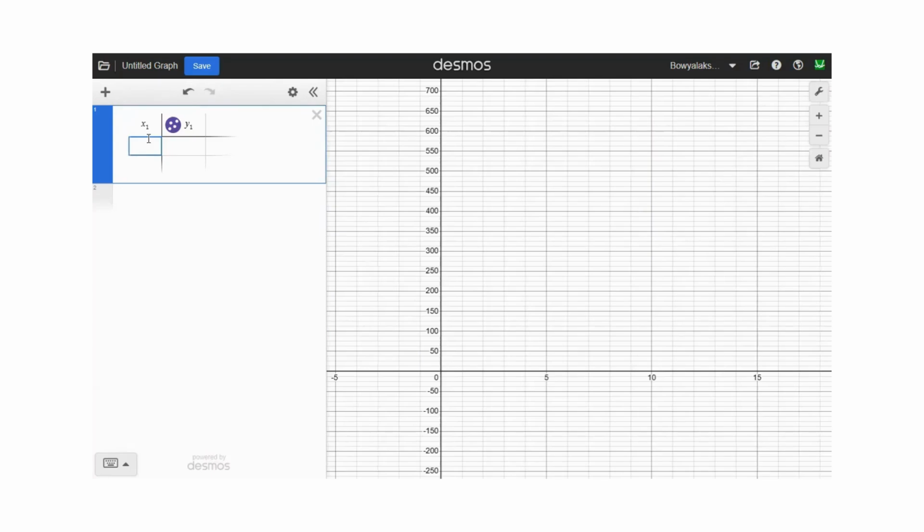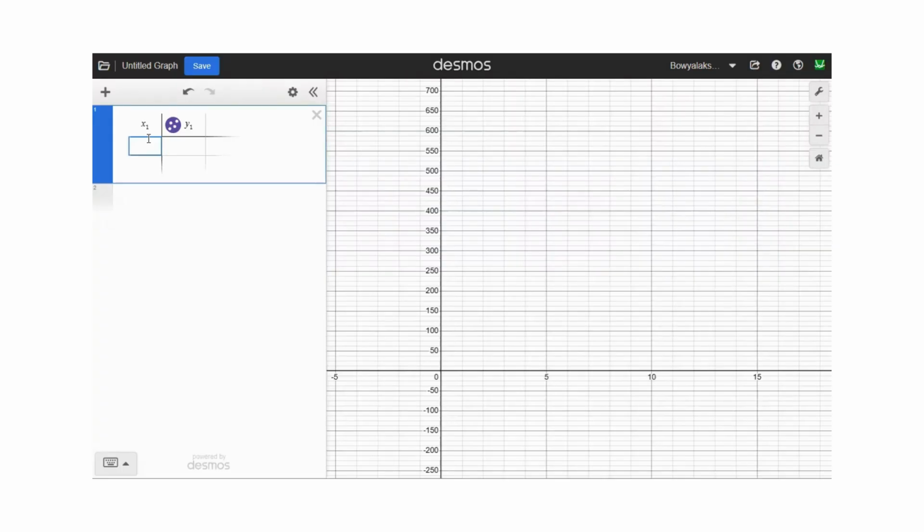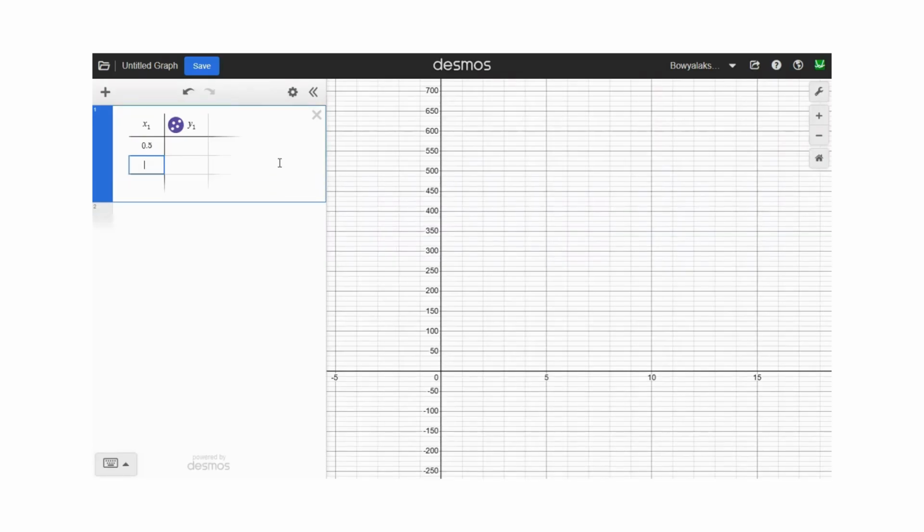It starts with 0.5, 1.5, 2.5, 3.5, 4.5. And we can give the values 640, 17, 15, 9.